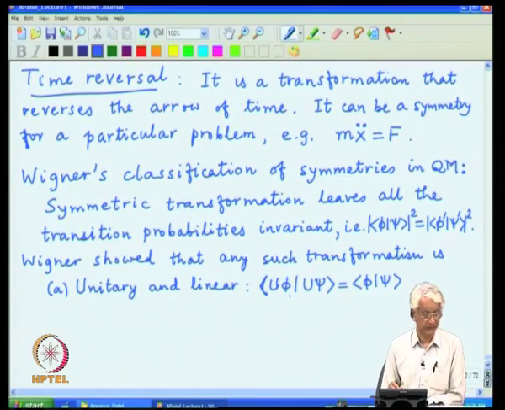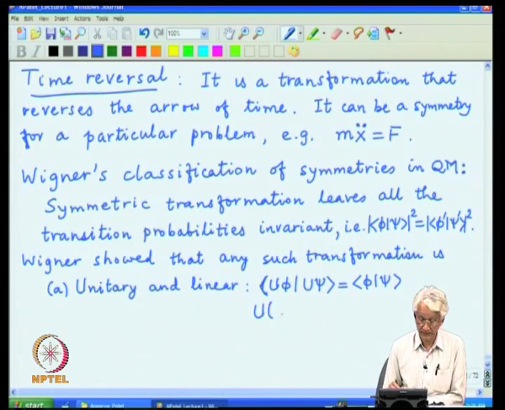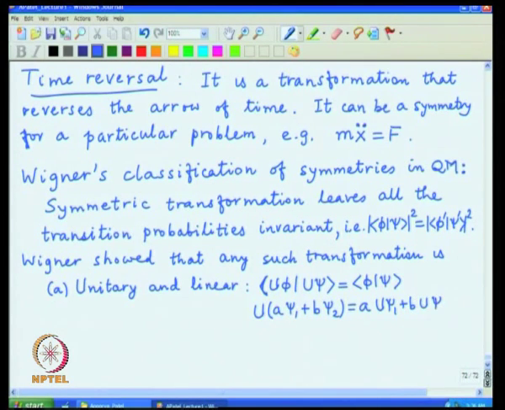This is the condition of a unitary transformation, and the linearity means that U acting on psi 1 plus psi 2 is the same as U psi 1 plus U psi 2, and most of the transformations which we have considered so far fall into this particular category.